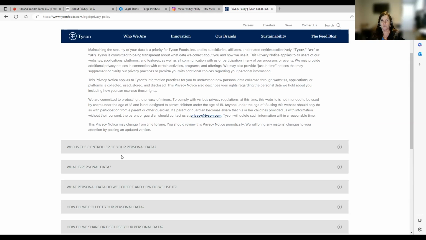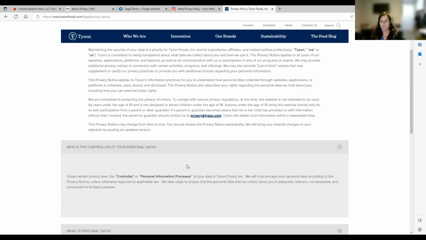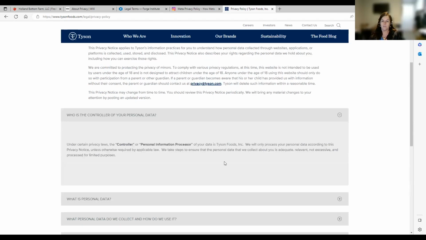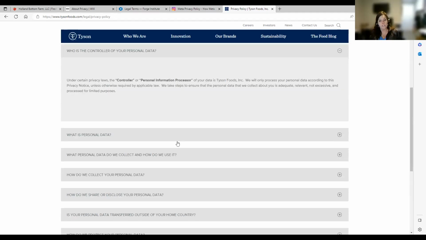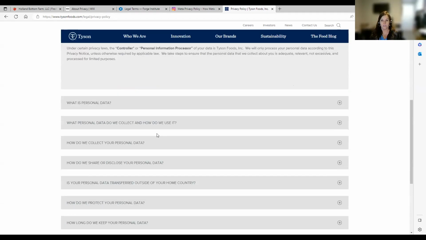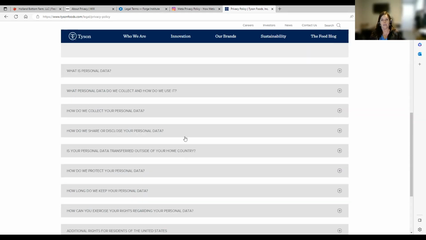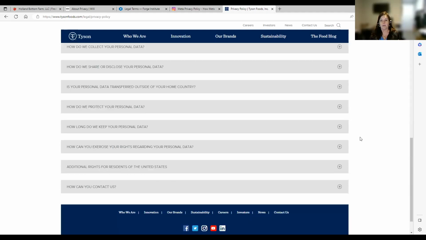That's the person your information is going to be released to, and they only process your personal data according to the privacy notice. They talk about what personal data they collect and how they use it, how they collect your personal data, and how they share or disclose it. So they break it down as well.